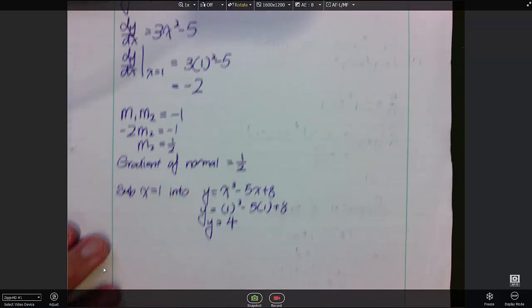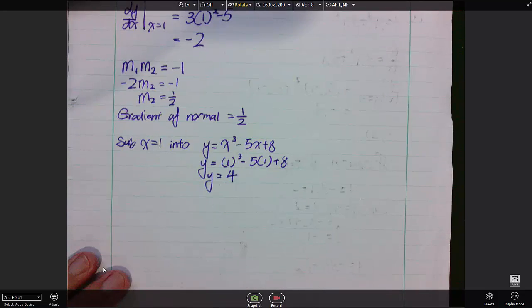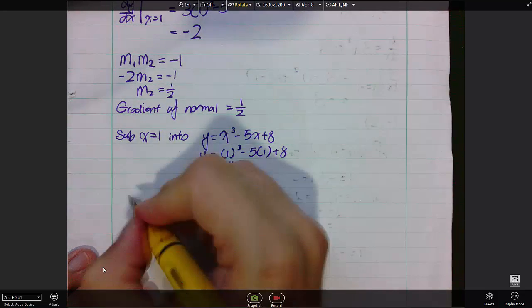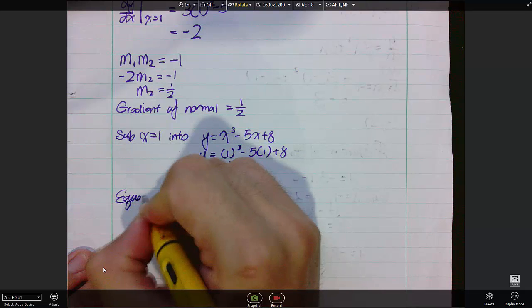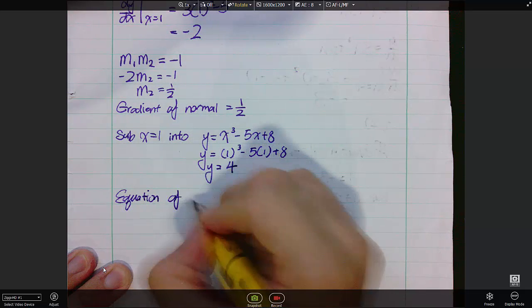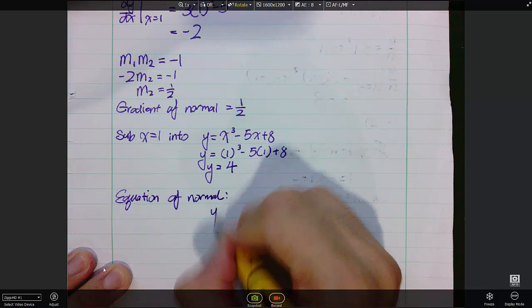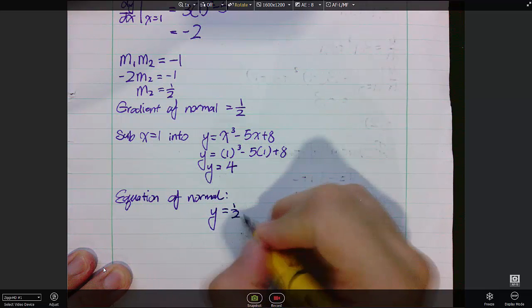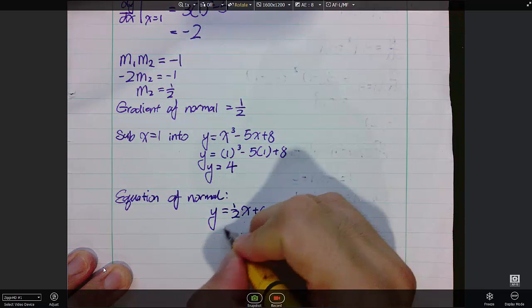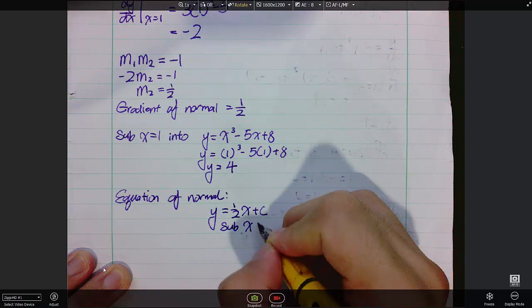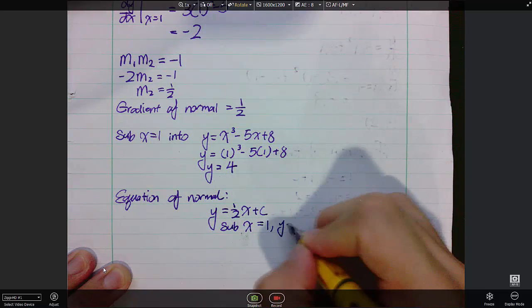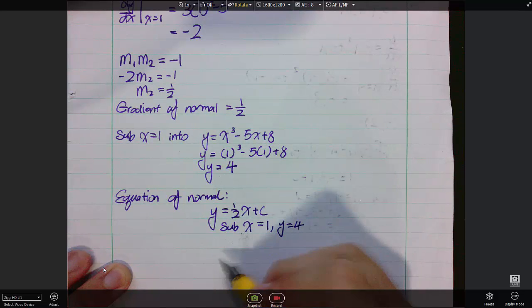Now I try to find the equation of my normal. I say y equals mx plus c. Now I substitute x equals 1 and the corresponding y value equals 4.